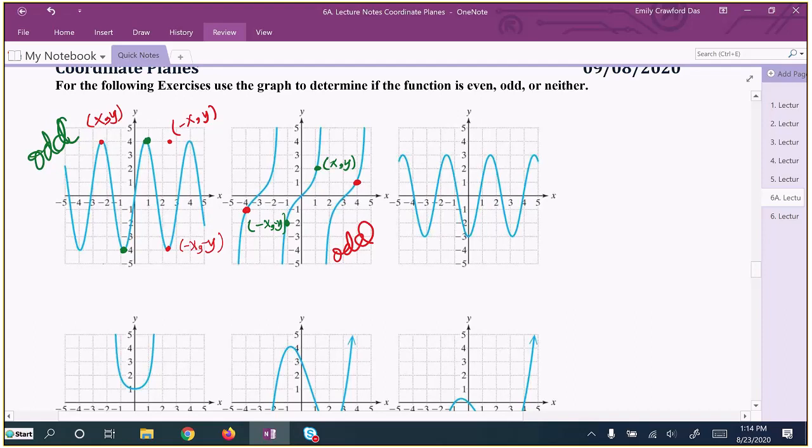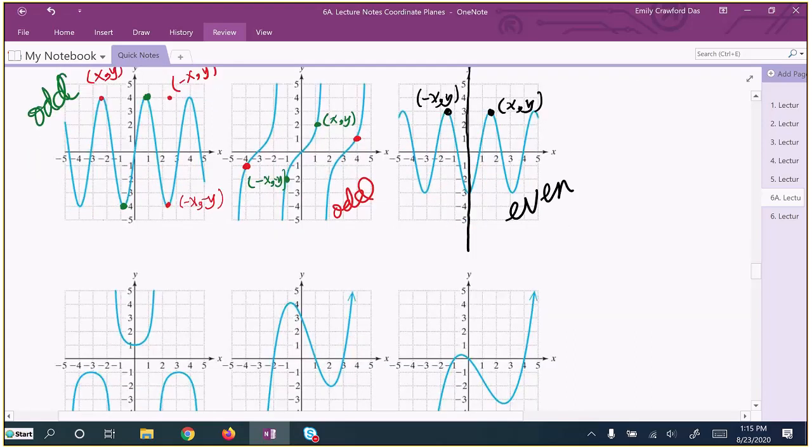All right. The third graph, I want to check if I choose a random point, say maybe this one, and I call it (x, y), then is (-x, y) on my graph? Yes, it is. And visually, I can also see that if I split this in half down the middle along the y-axis, then the image on the left side is a perfect reflection of the image on the right side, so I get to say even.